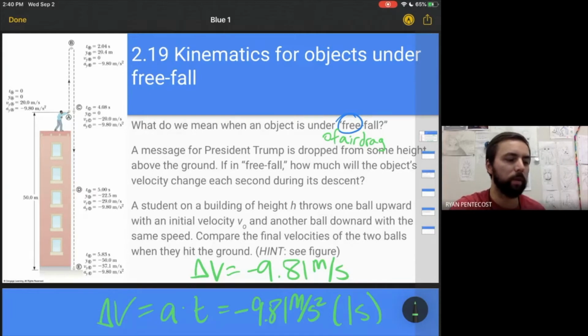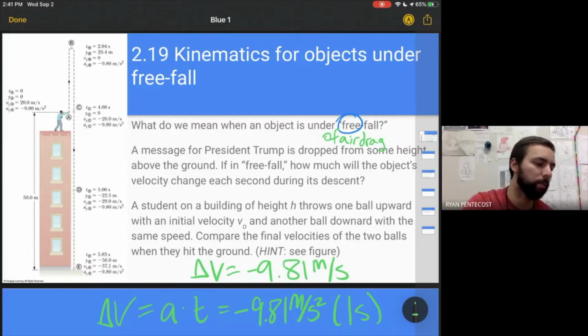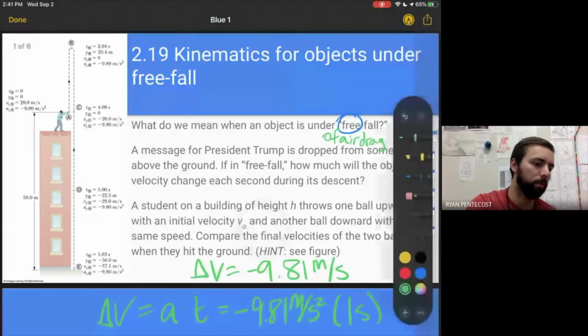That means that the velocity will be changing. It will decrease by 9.81 meters per second in that 1 second. So every second, it will be changing by 9.81 meters per second. That's basically the definition of free fall, right?